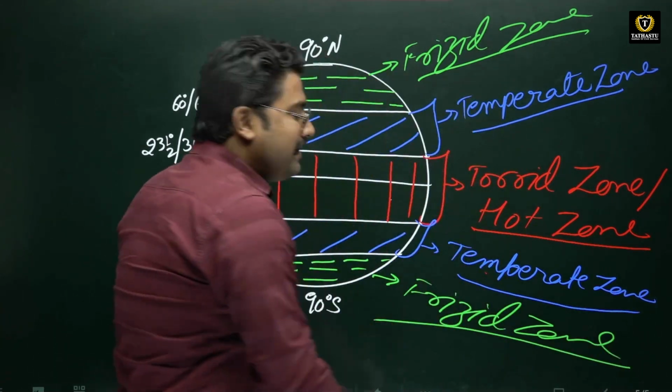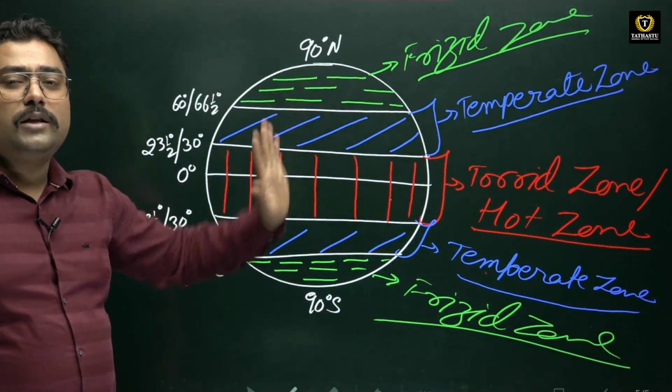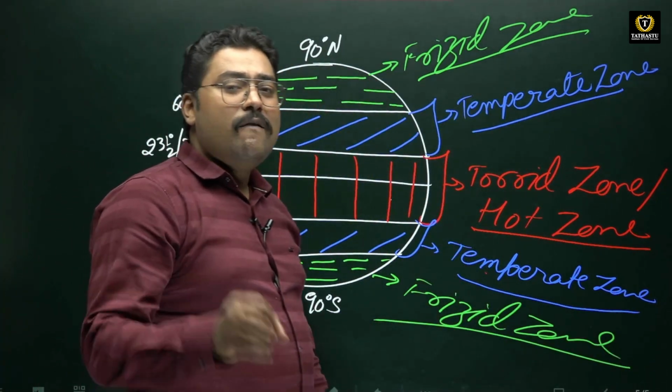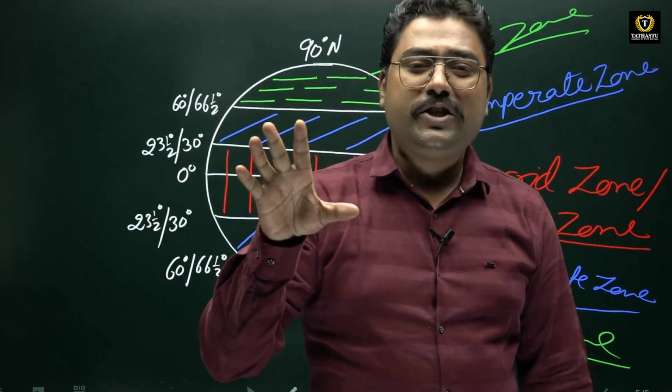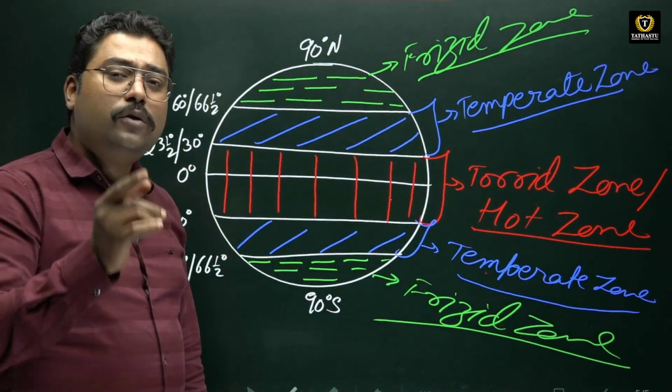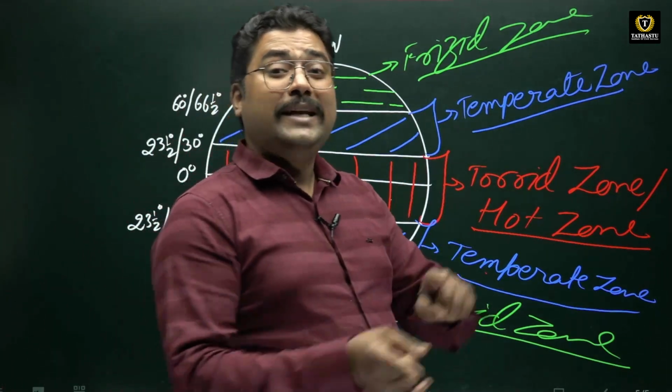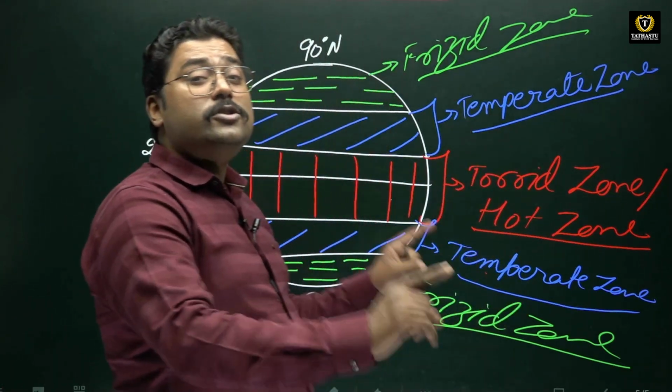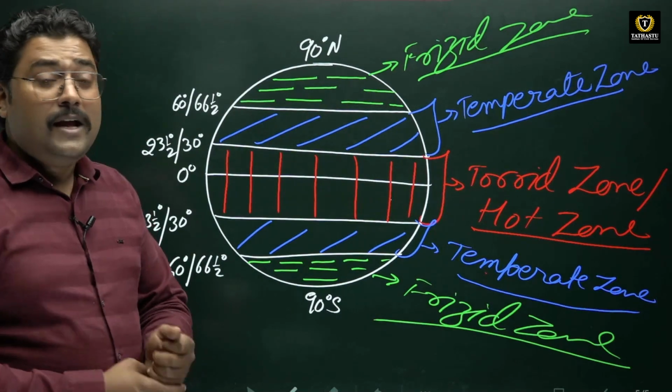And like this, the whole earth is divided in 5 different temperature belts: 1 torrid, 2 temperate and 2 frigid. And why this is so? Because of the tilt of earth.